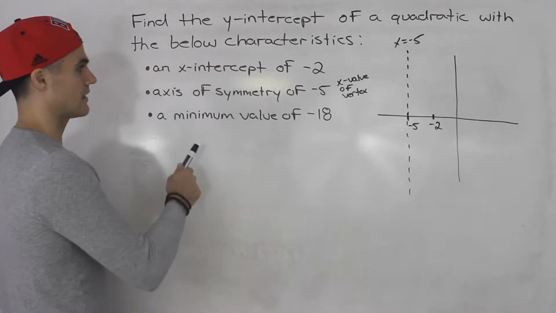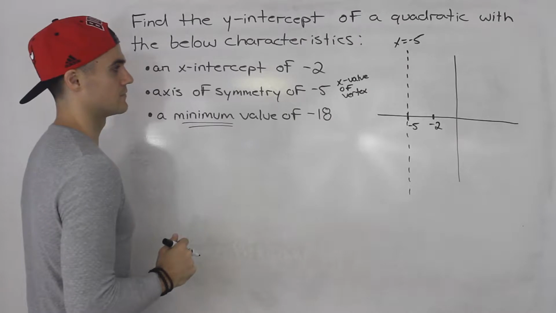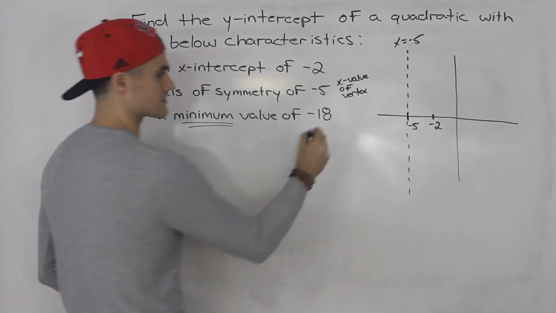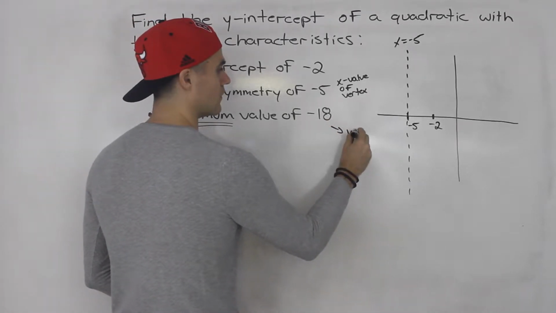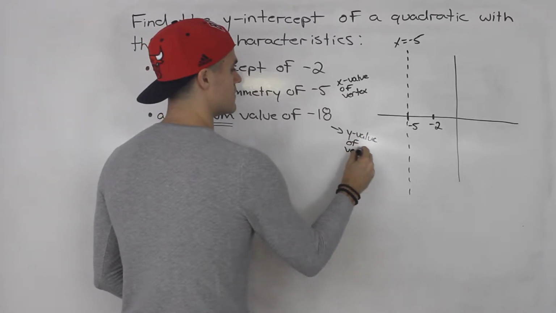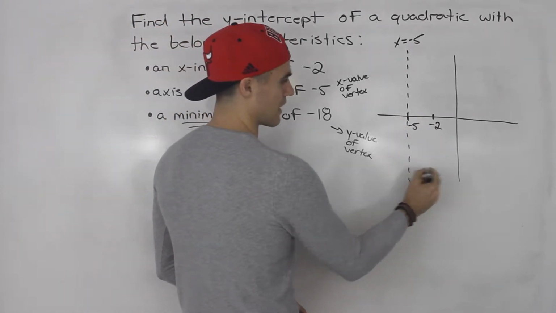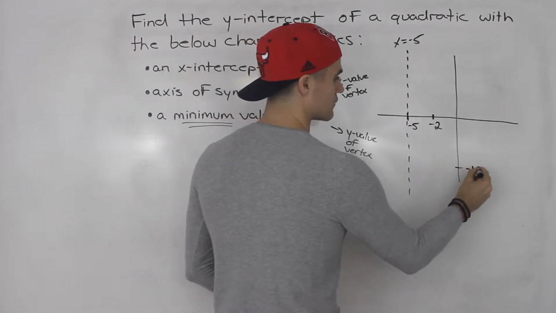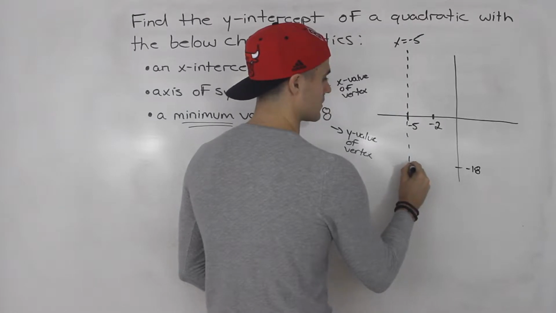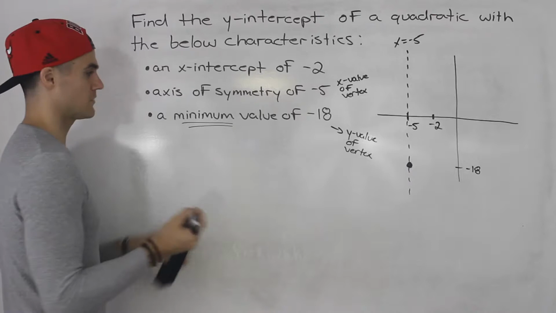We're told that this parabola has a minimum value of -18, so notice that this tells us the y value of the vertex. So the vertex is at an x value of -5 and a y value of -18, which is down here.